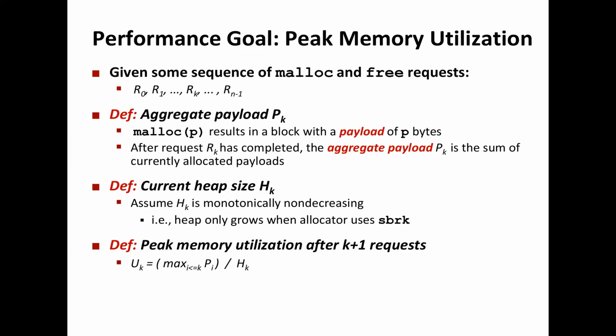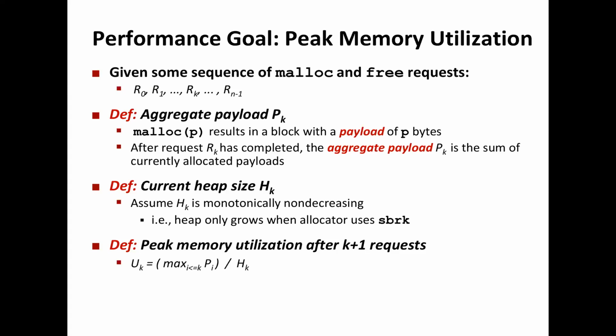Remember that malloc has a size_t size that you supply as a parameter, and it allocates a payload of p bytes. So now after request Rk has completed, the aggregate payload Pk, remember we have requests R0, R1, and so on, we'll define as the sum of the currently allocated payloads.